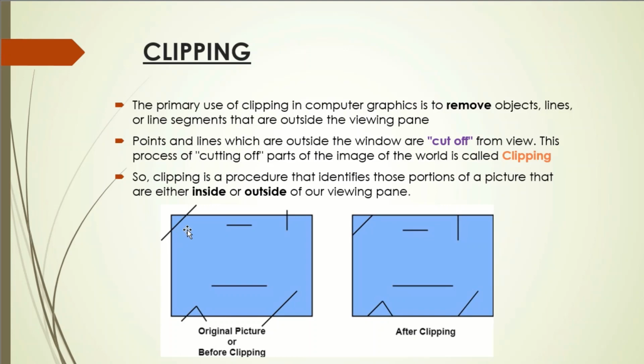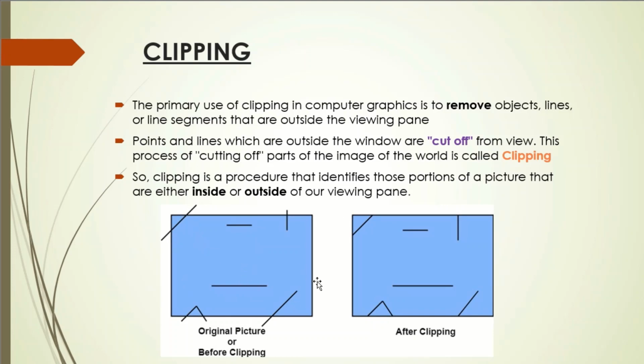And then you can see there are a lot of lines here, the original picture on my left hand side, before we perform clipping. You will see there are lines that are inside this clipping window, and there are lines that are outside. So this clipping procedure will identify whether each line is inside or outside, and the line that is outside of this window will be clipped and removed.